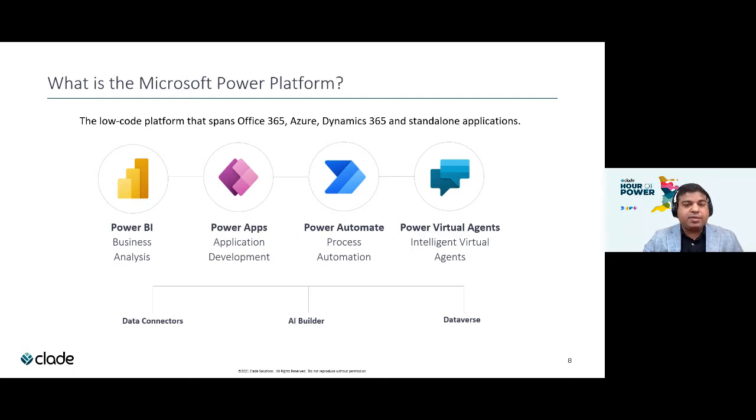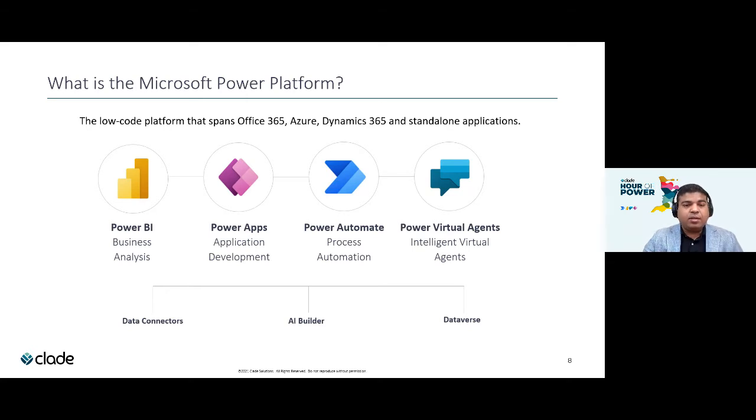It can be Dynamics, Salesforce, SharePoint, or any other type of application, and that number of connectors keeps growing every day. So you don't have to write any code to integrate with all these systems. You can very easily create automation processes using Power Automate.